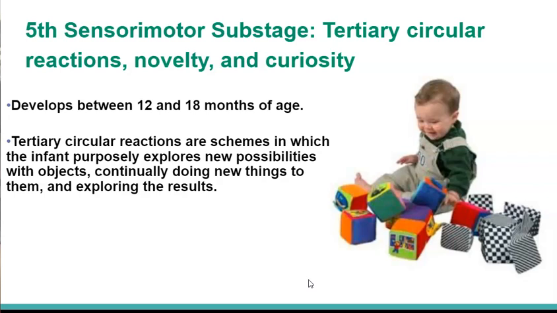For example, we have a child here who was playing with blocks. As you can tell from this picture, the blocks were originally built on top of each other, but the child is now trying to explore what happens if they push the blocks down. And according to this baby, pushing blocks down is very cool.